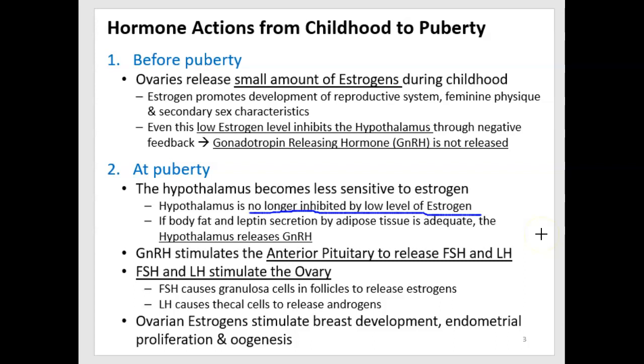And if there are enough fat stores and leptin secretion by the adipose tissue, then the hypothalamus will begin releasing gonadotropin-releasing hormone. Now, it might take up to 4 years before gonadotropin-releasing hormone is sufficient to stimulate the rest of what we're going to talk about.